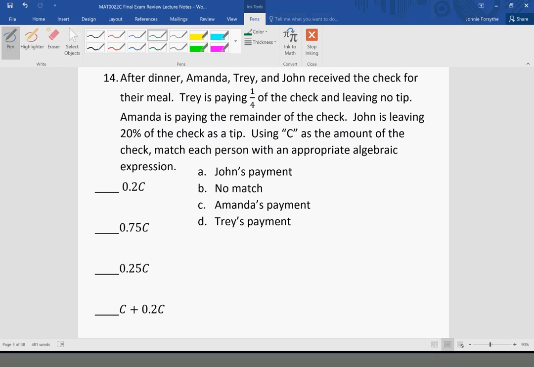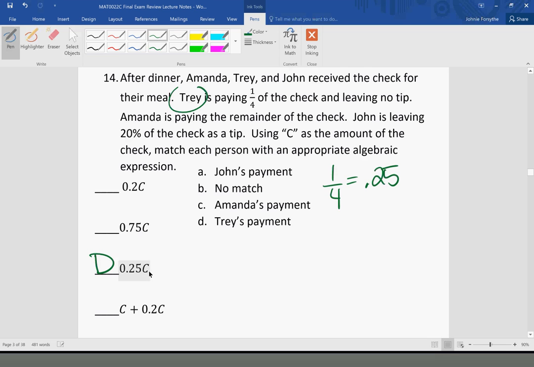Okay, so let's just start with what they tell us. Look at Trey. Trey is paying 1/4 of the check. Remember that 1/4 is equal to 0.25. So if he is paying 1/4 of the check, he is going to multiply 1/4 times the value of the check, or multiply 0.25 times the value of the check.